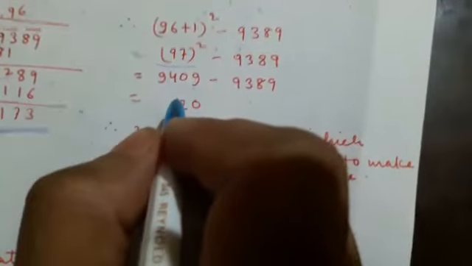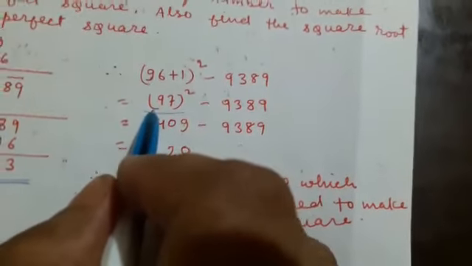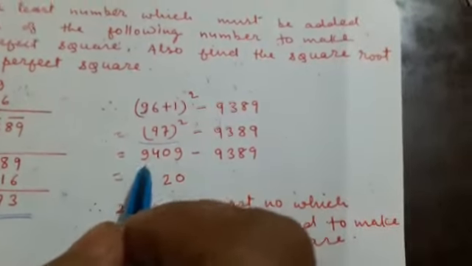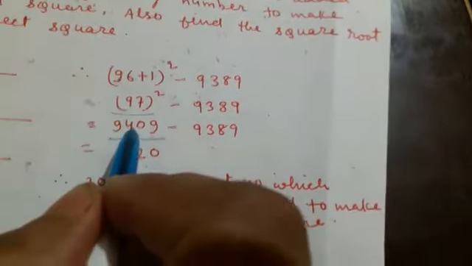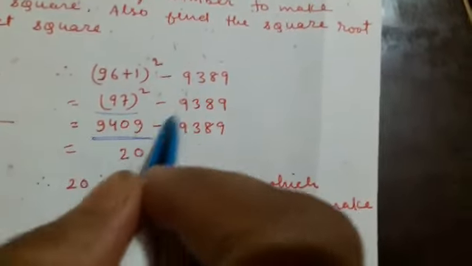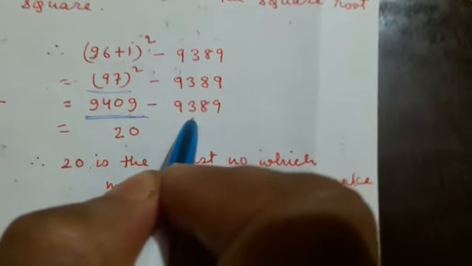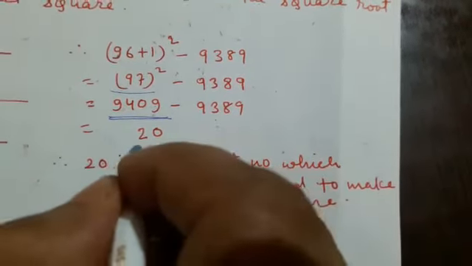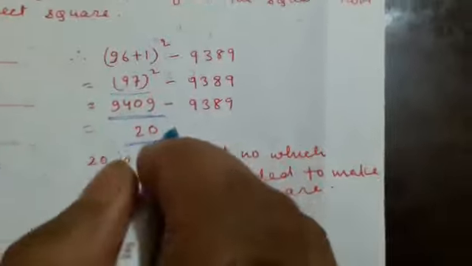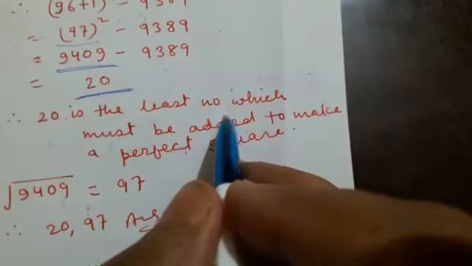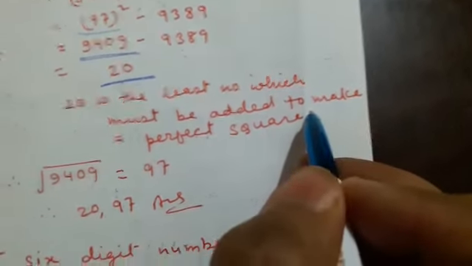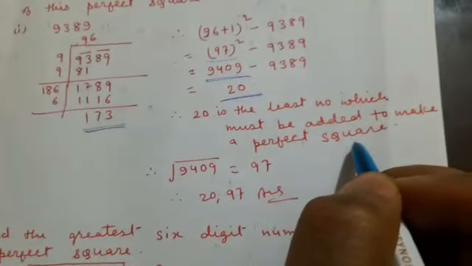When you multiply 97 into 97, you will get 9409. From this number you have to subtract 9389. The result will be 20. So 20 is the least number which must be added to the given number so that it becomes a perfect square.